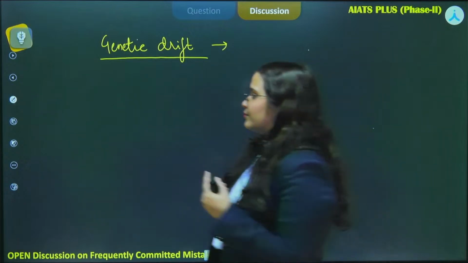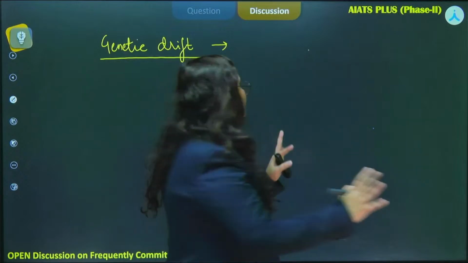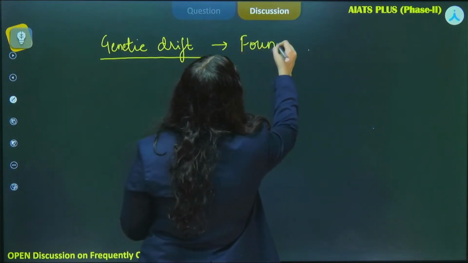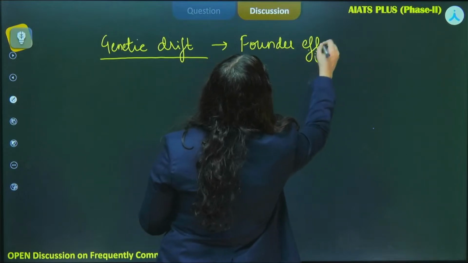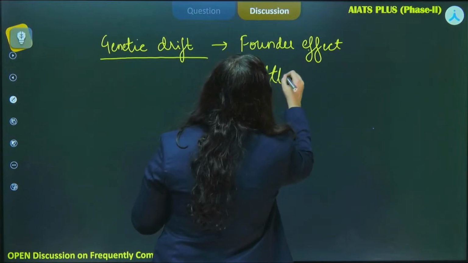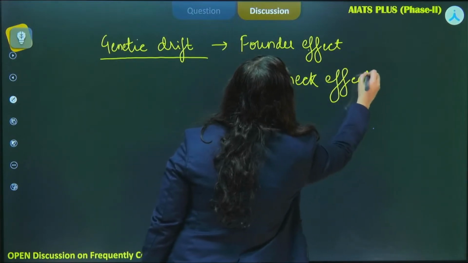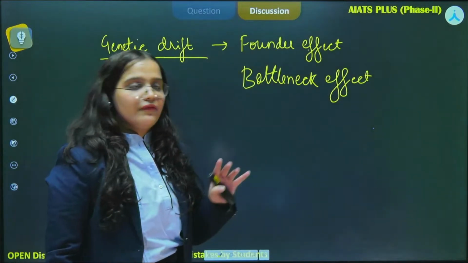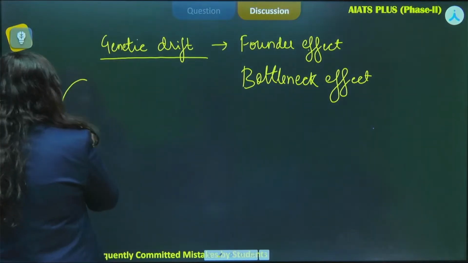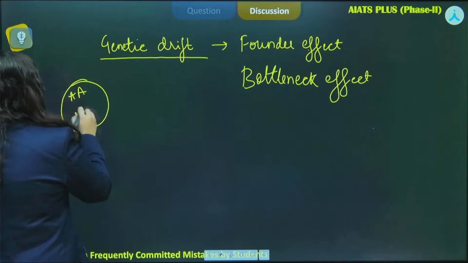For instance, we can study genetic drift through two effects, which is known as the founder effect and the bottleneck effect. So basically what happens in founder effect is that, let us imagine that we have an island where we have two populations, AA and BB.